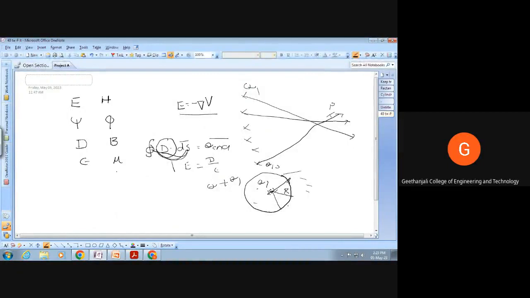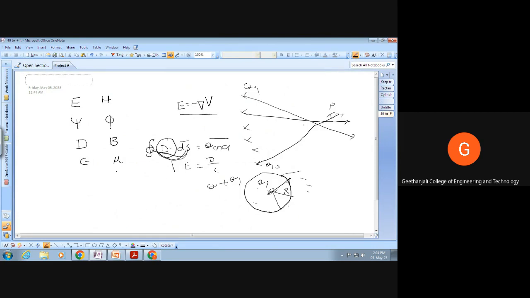But once the symmetry between the charge and the surface that we considered is disturbed, evaluation of this integral becomes very, very difficult. Closed integral D dot dS now becomes q plus q1, but evaluating it becomes very tedious. So that is the problem with Gauss law.